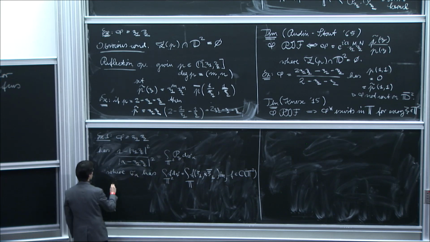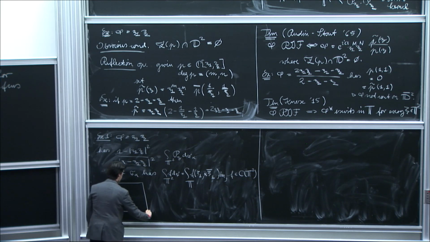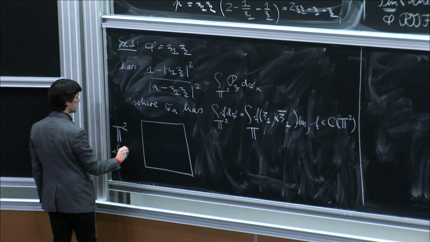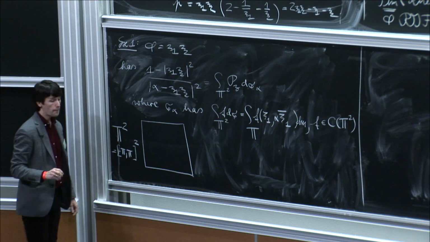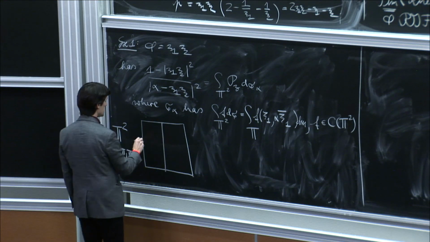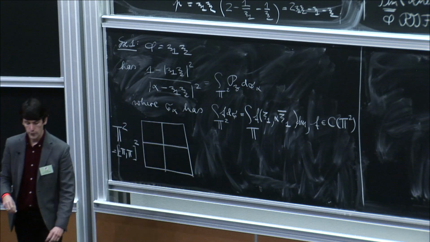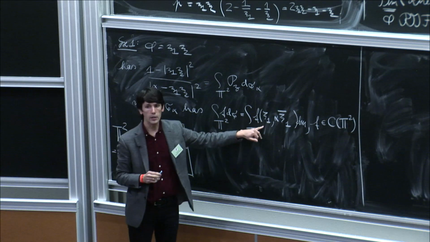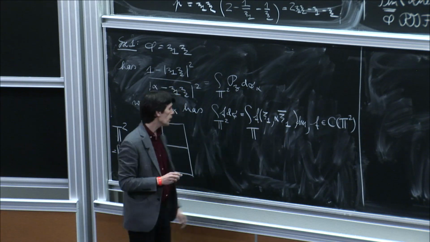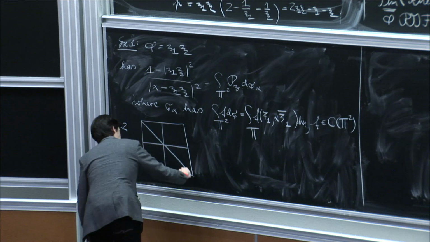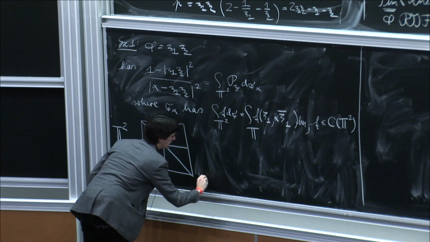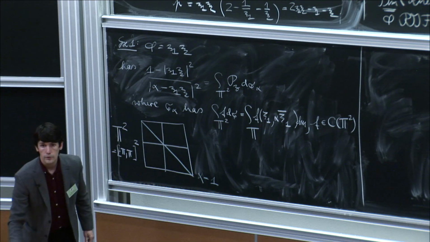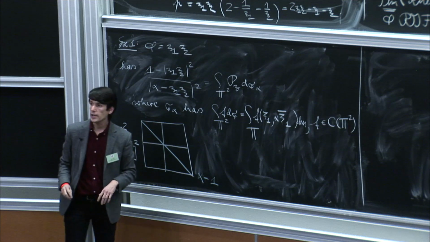So the picture, if I draw the two torus as a square and identify it with minus pi pi, and I have the coordinate axes here. And so if I pick, let's say, alpha equals 1, then this is saying, look at the line zeta, comma, zeta bar. That's this line. Evaluate the continuous function f along this line, integrate with respect to Lebesgue.